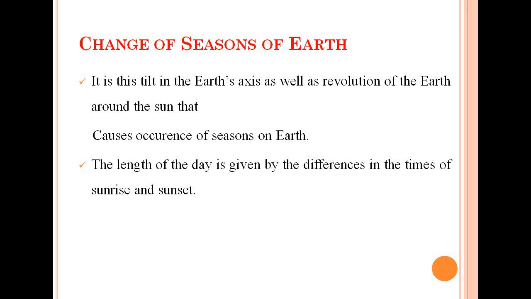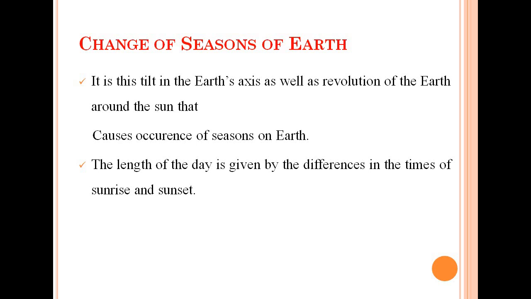Before that, one point I have discussed here is about the length of the day. The length of the day is given by the difference in the times of the sunrise and the sunset. It is not the same throughout the year because the area of the earth's surface lit by the sun varies due to the earth's tilt and its position in its orbit around the sun.